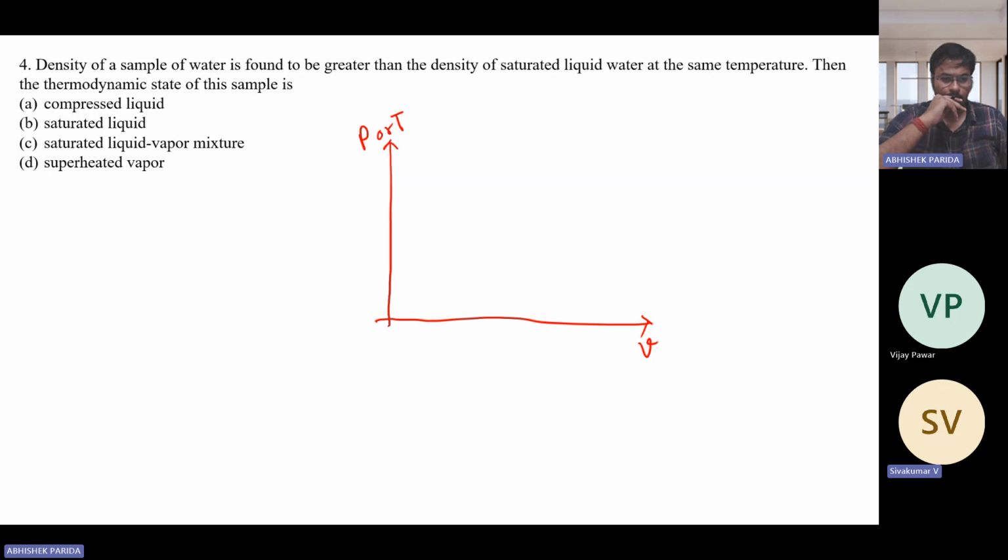The saturated liquid line is the left hand side saturated liquid line. Correct. But the given density of the sample water is found to be greater than the density of saturated liquid. Greater in the sense its specific volume is lesser than the specific volume of the saturated liquid. Very good.